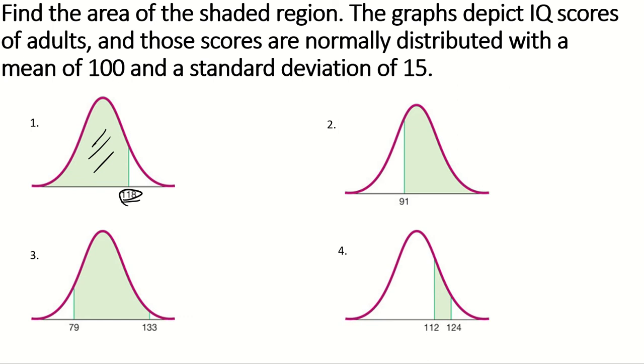If we want to do it by hand, we need to first convert that 118 into its z-score, which is 118 minus the mean 100 and divided by the standard deviation 15. Here we have 18 divided by 15, which is 1.2.